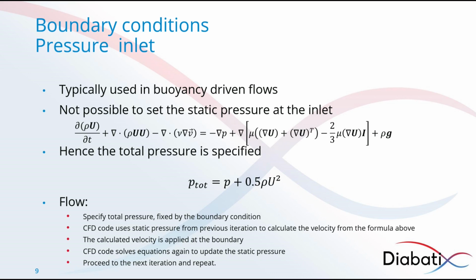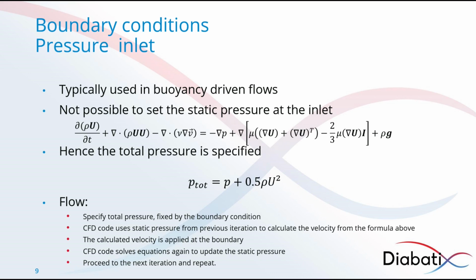Then in the CFD code, the static pressure from the previous iteration is used to calculate the velocity, which can be derived from this formula. Then the velocity is applied at the inlet as a boundary condition. The CFD equations are solved again to update the static pressure, and then we proceed to the next iteration.